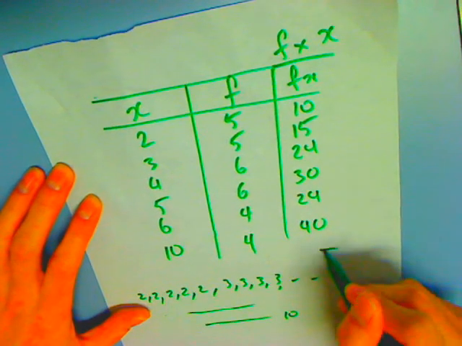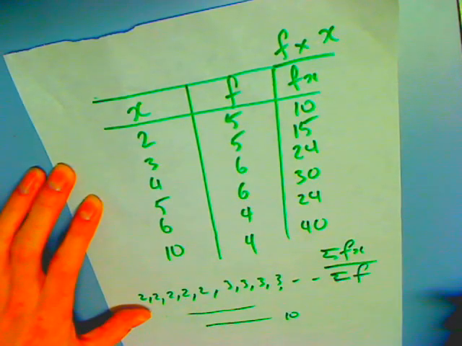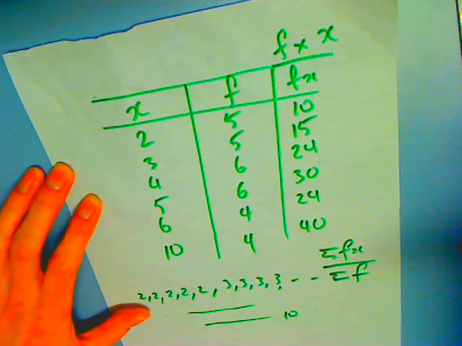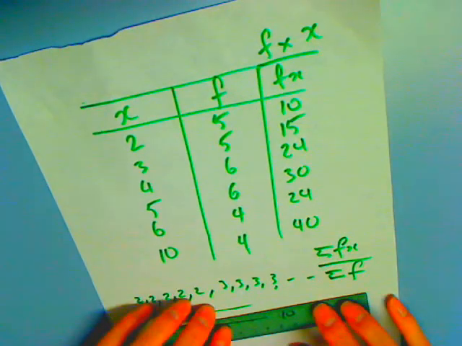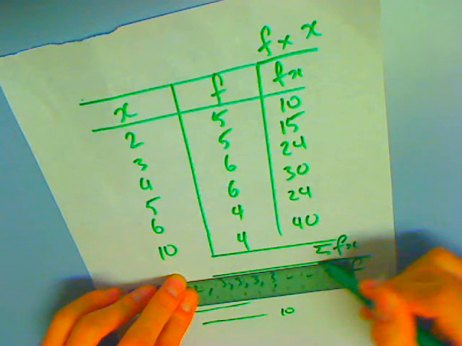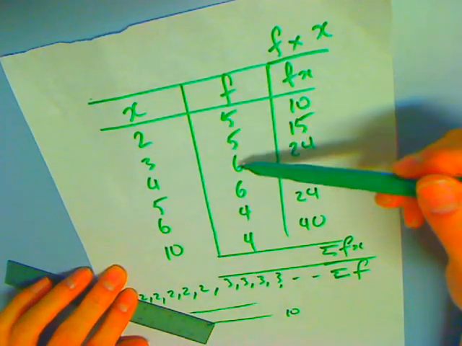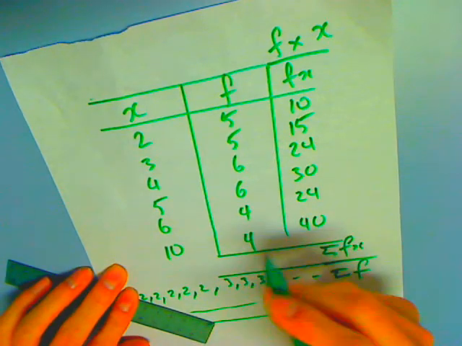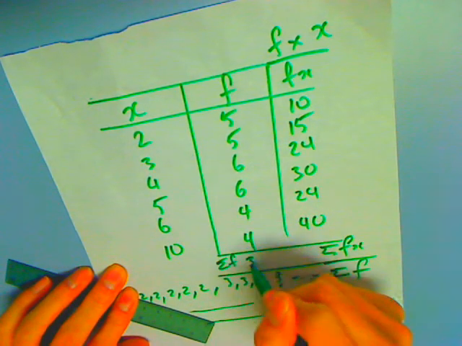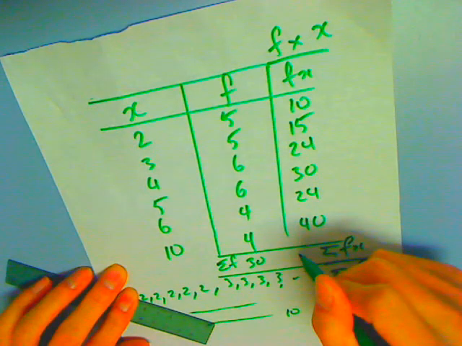Now keep in mind, our formula for average is sigma fx over sigma f. So what I'll do is put in one more row down the bottom just to represent the sigma of those values. So total was 30. So sigma f is 30. Sigma fx was 143.